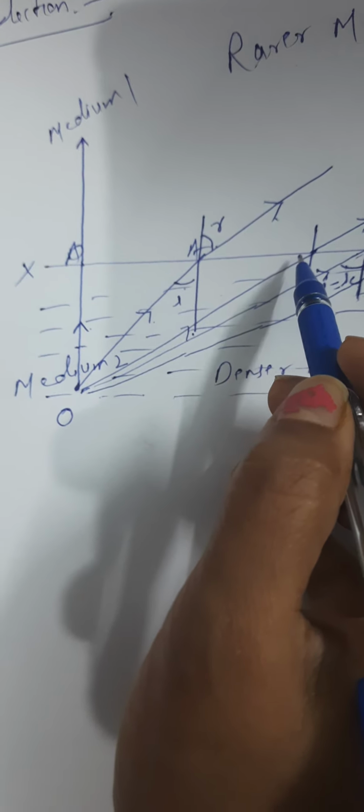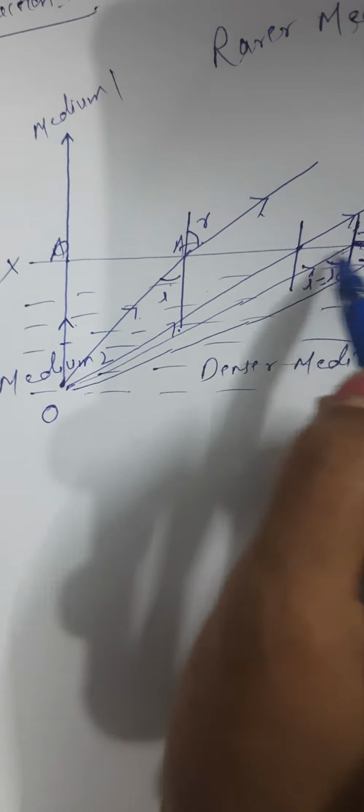For a certain angle of incidence, the refracted ray becomes parallel to XY and the angle of refraction is 90 degrees. This angle of incidence in the denser medium, for which the angle of refraction is 90 degrees in the rarer medium, is called the critical angle.